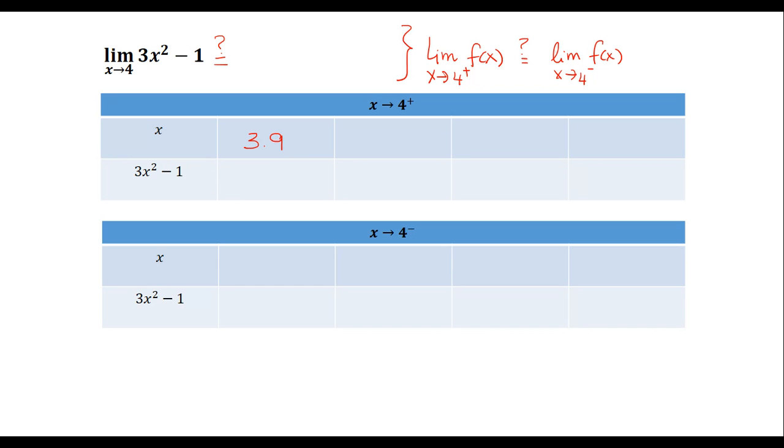Maybe you have lots of different local minima or local maxima. To make sure you don't get confused by the values you have, you need to find very close numbers near to four.